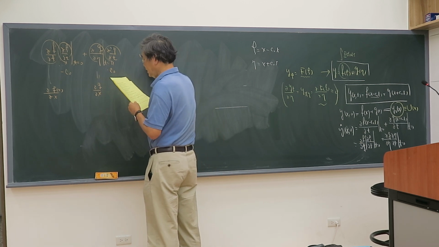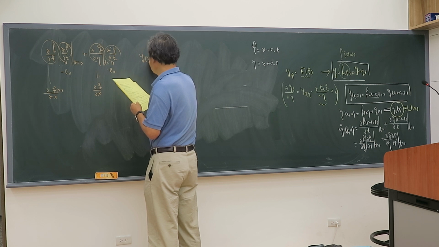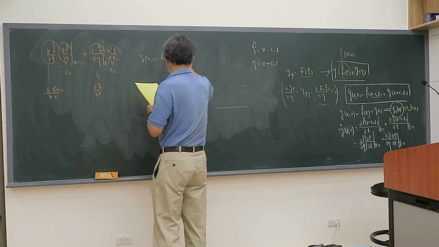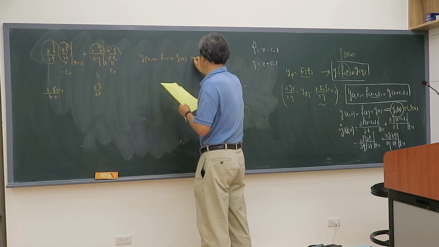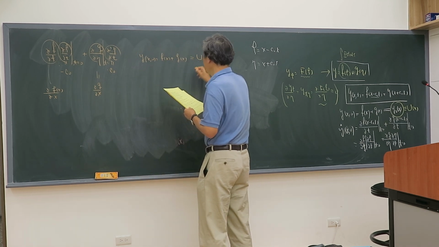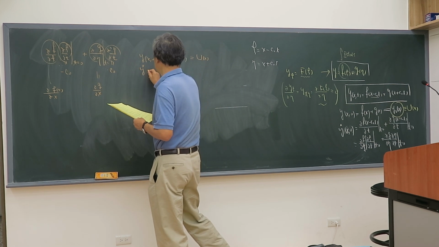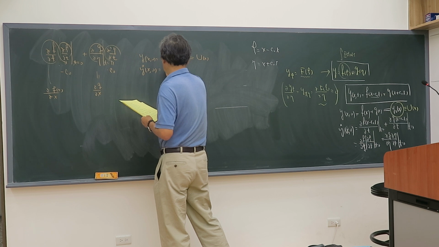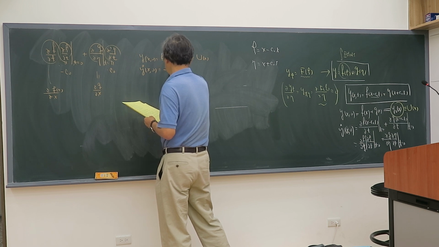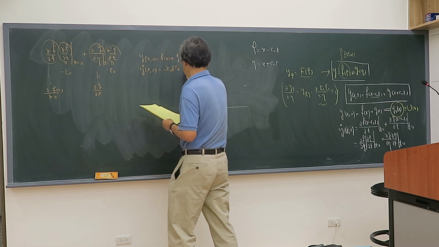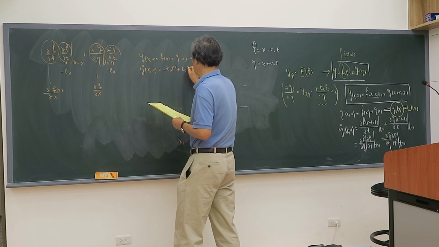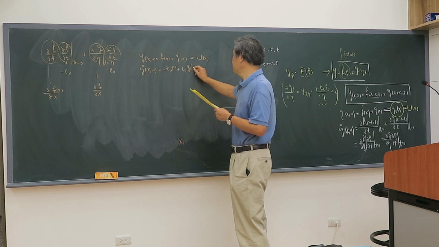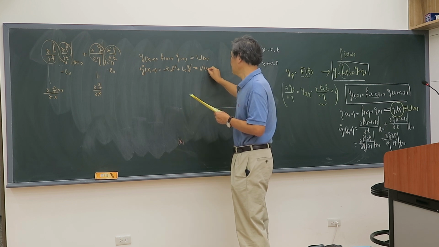y x, 0 is equal to f x plus g x, okay, equal to u x. y dot x, 0 equal to minus c0 f prime plus c0 g prime equal to V x.